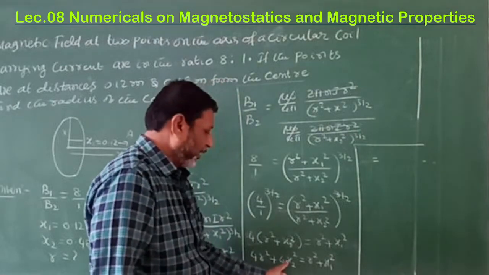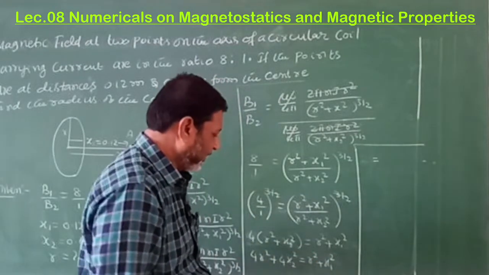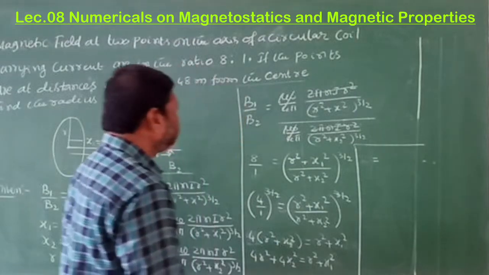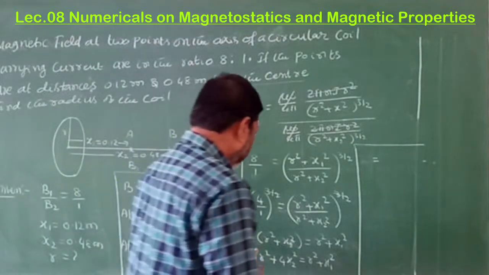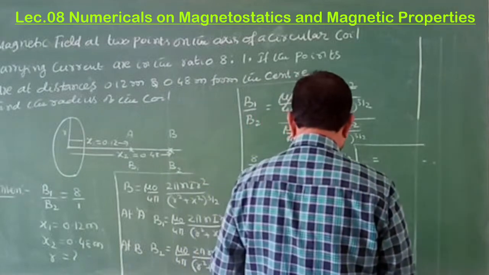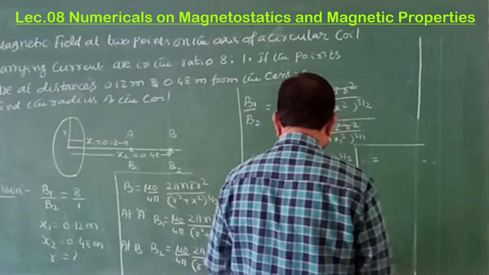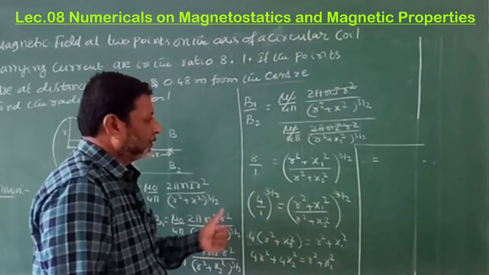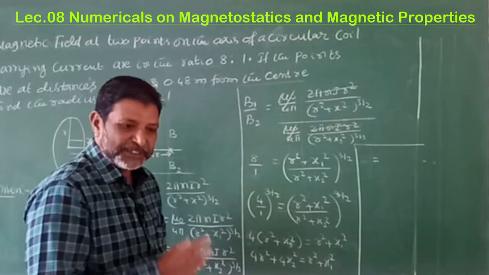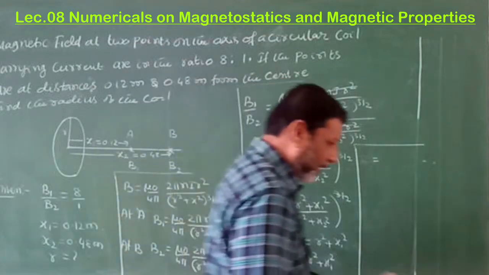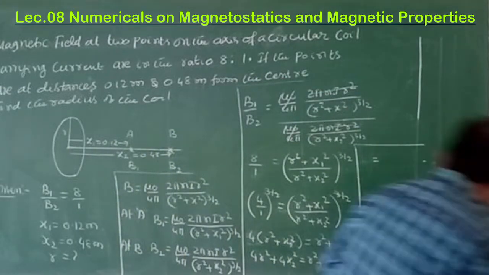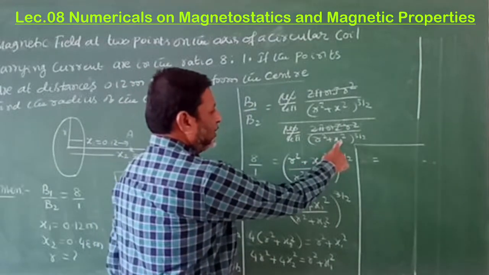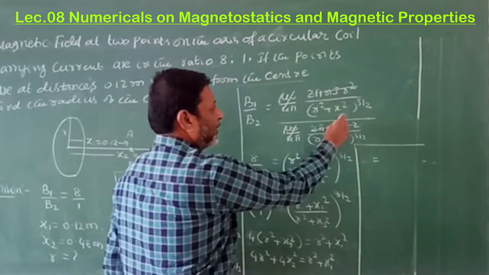Now when you do this, this factor you take to the right side, then what you get here... I have committed a small mistake here, I want to rectify it. This is going to the numerator, this is x1 square.